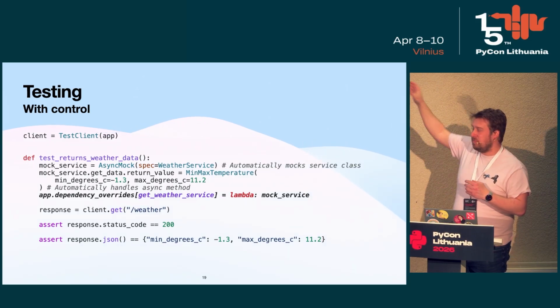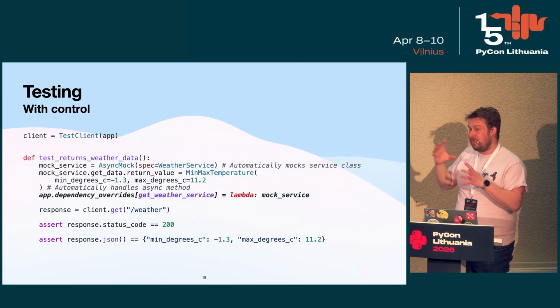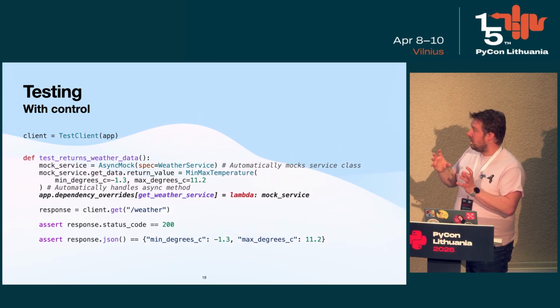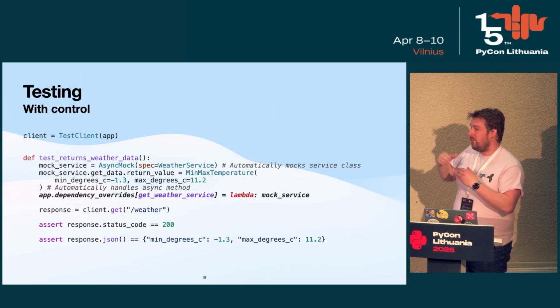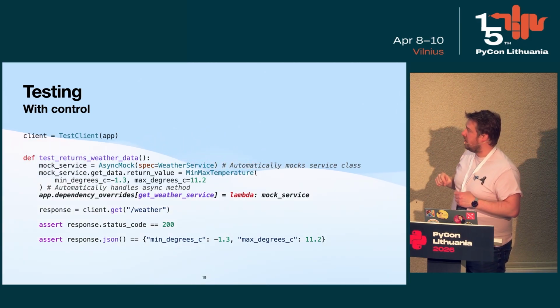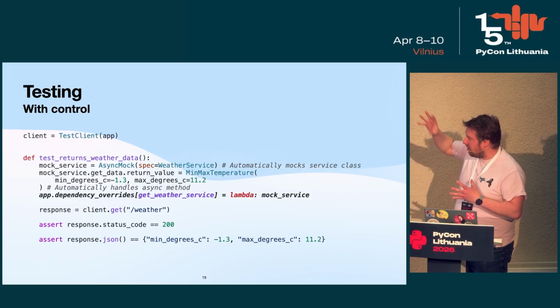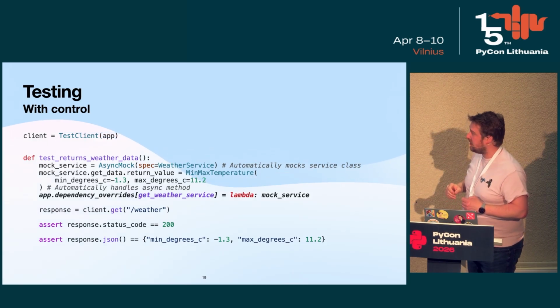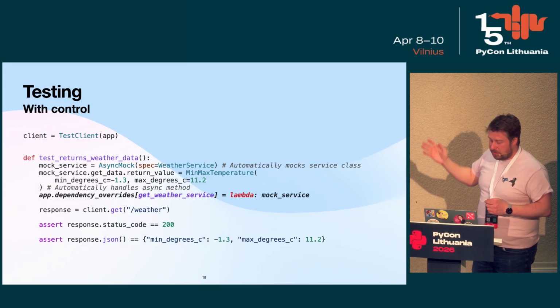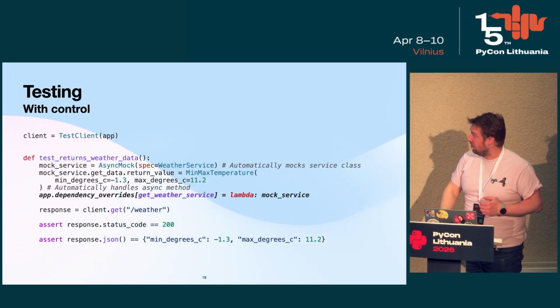We could mock the weather service completely if we've got some stuff that we want to test in the endpoint and make sure that that is happening correctly. Or if we want to mock the HTTP client, then we can mock that whole journey and have it more of an integration test. So really powerful. Love the dependency injection. I think it's a really great feature.